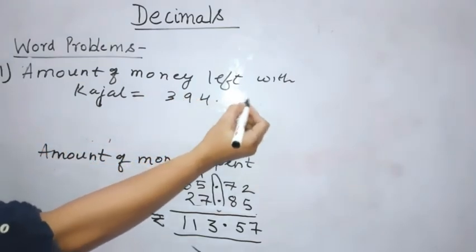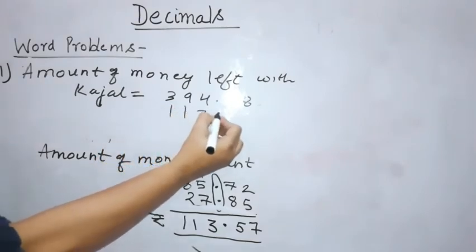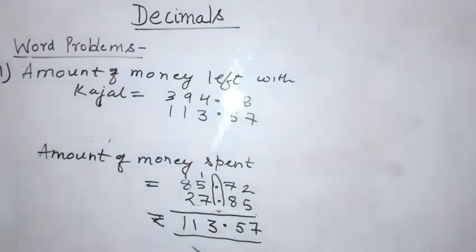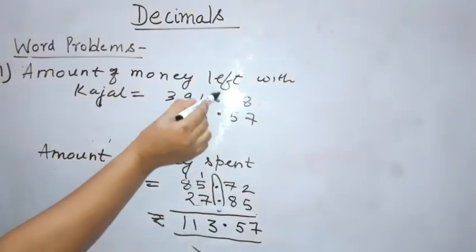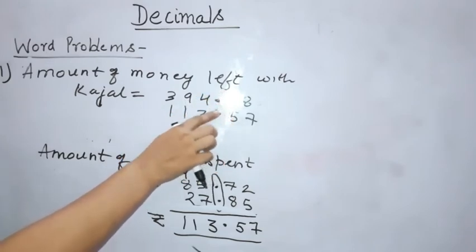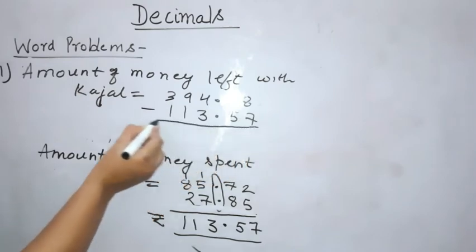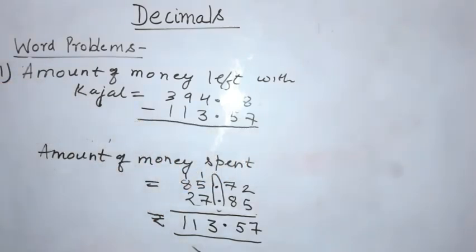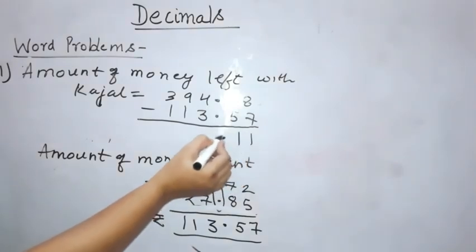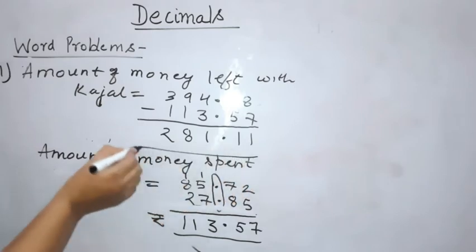Again, one thing which we need to keep in mind is the decimal point should lie in the same line. As you all can see that my decimal is lying in the same line. See, don't draw this line. I was just showing you that it is in the same line. Now we have to subtract it because left word is used in this question. 8 minus 7, 1, 6 minus 5 is 1, 4 minus 3 is 1, 9 minus 1 is 8, 3 minus 1 is 2.